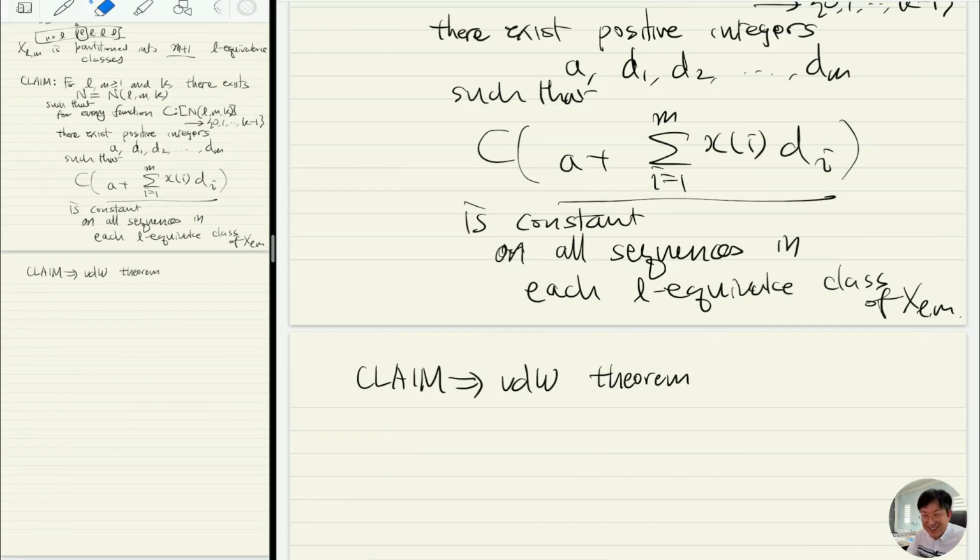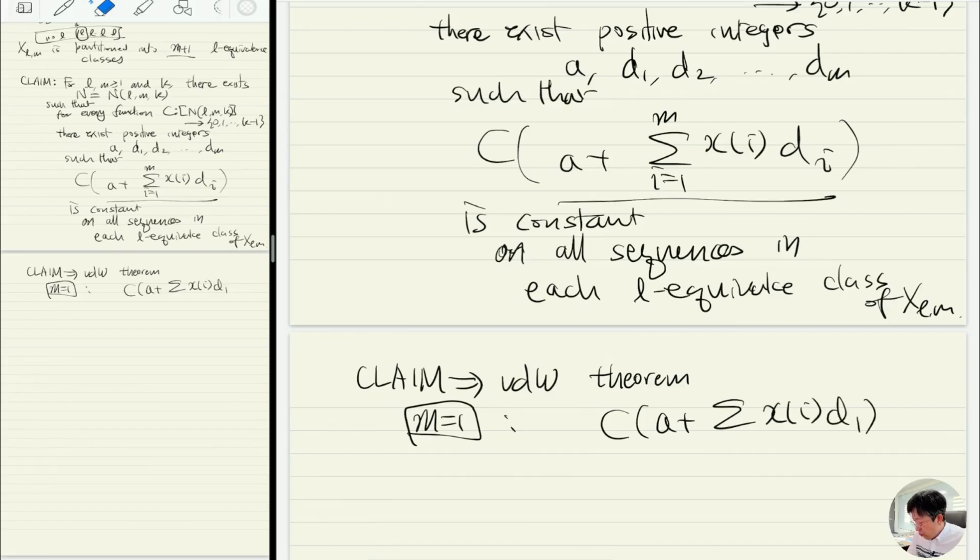Let me write VDW for van der Waerden, because when you take M to be 1, this claim implies that C of a plus x times d1 is constant.